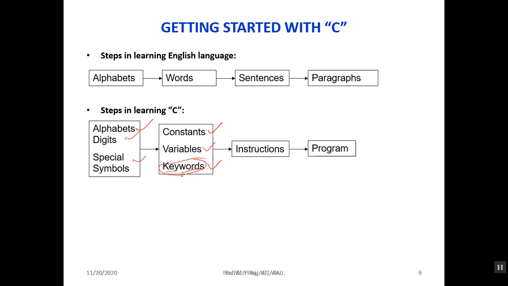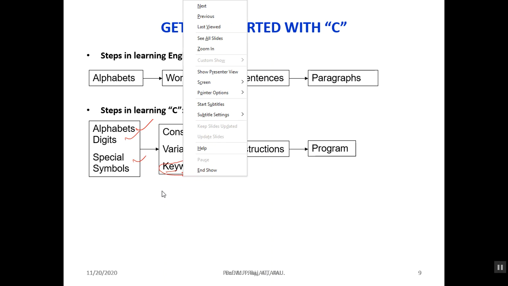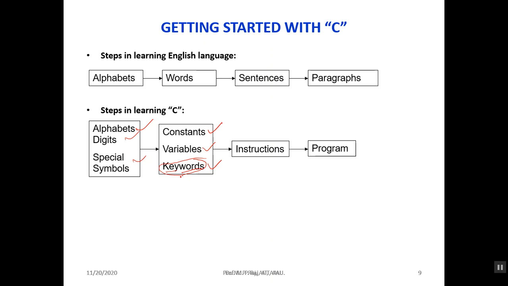Keywords are those words which are understood by the C compiler, and the compiler will convert them into appropriate machine level language instructions. These are very important and very few. So C language has only a very small vocabulary, and that vocabulary is nothing but this set of keywords.